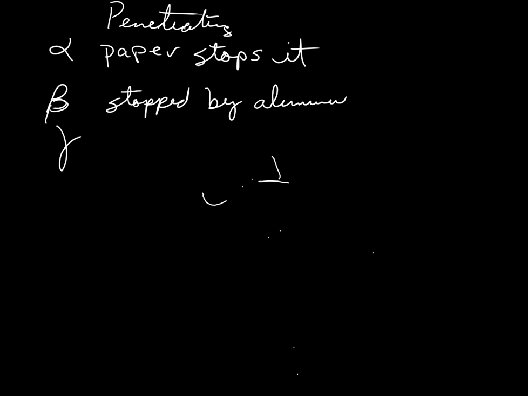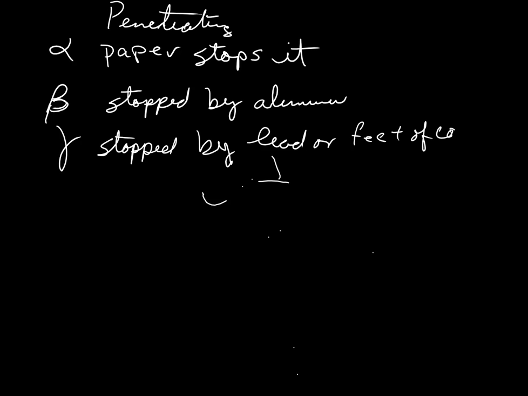And gamma is stopped by lead or feet of concrete. Isn't that why they put a concrete thing around the thing that exploded? Yep, they put a concrete tomb around it to try to stop some of that from coming out.